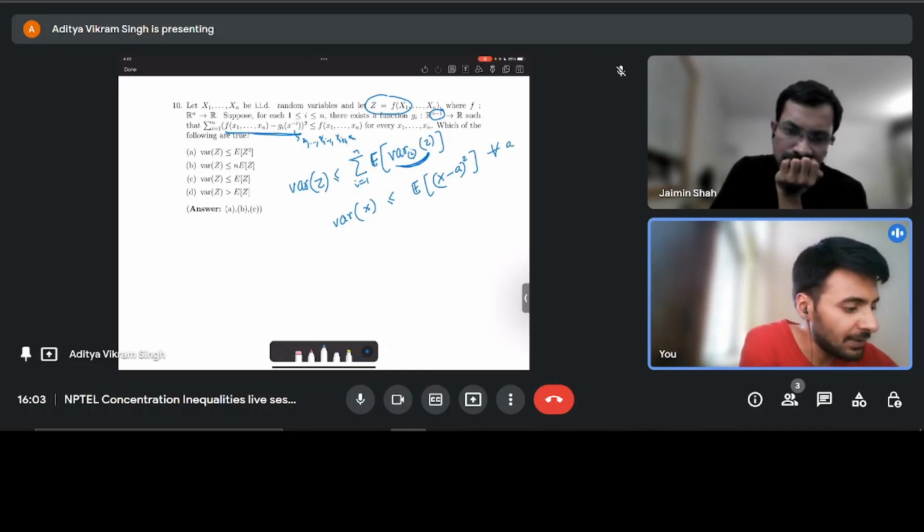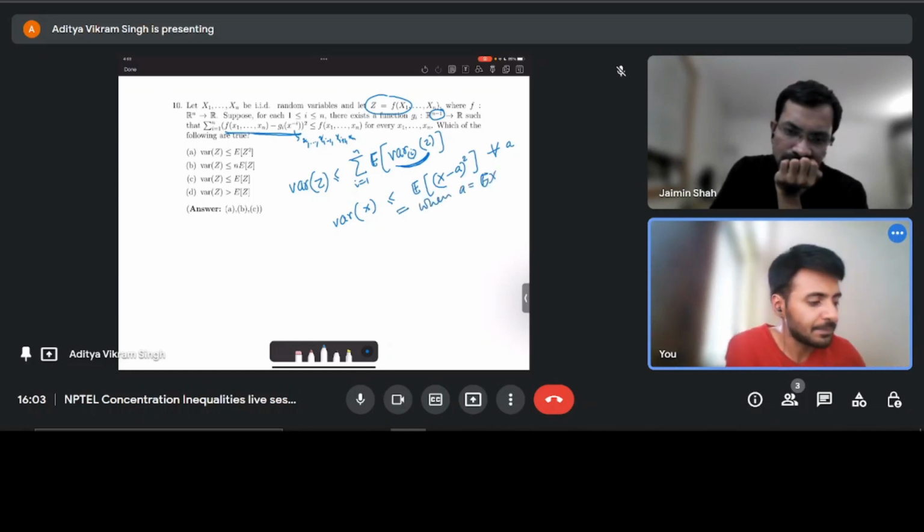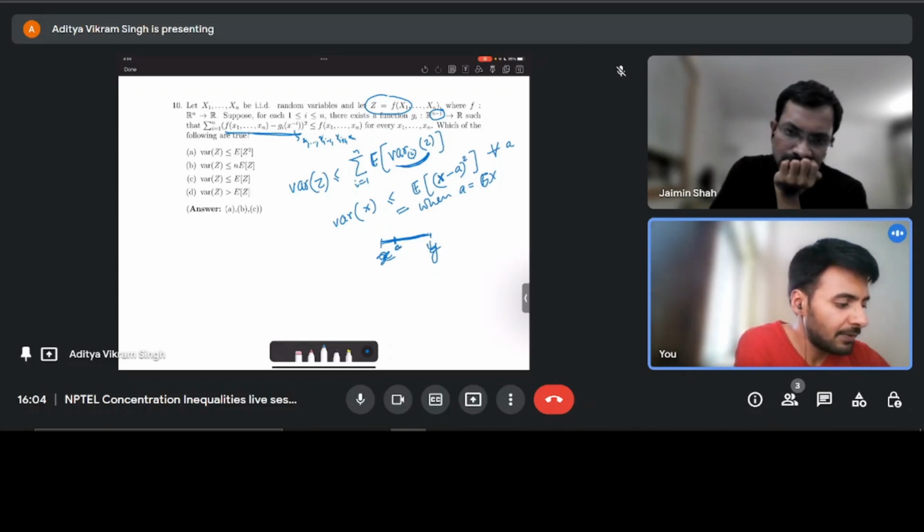This is true, and equality is reached when a is equal to the expectation of X. So if there is a random variable which varies between a and b, just fix any quantity a here, compute the random variable (X minus a) the whole square, and take the expectation. The variance would only be less than that.